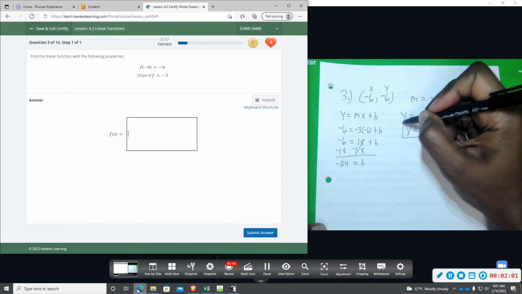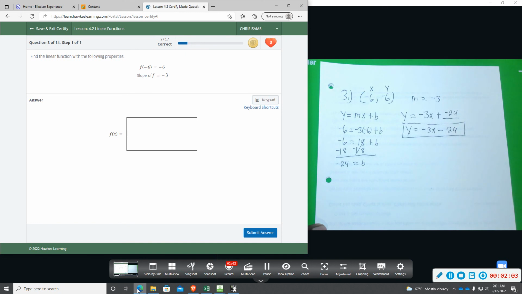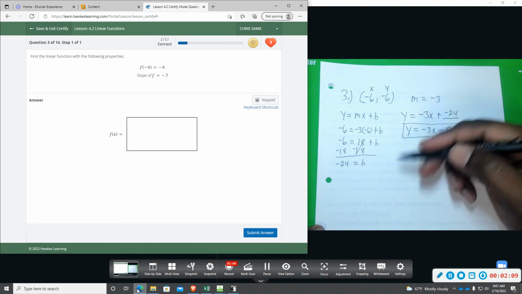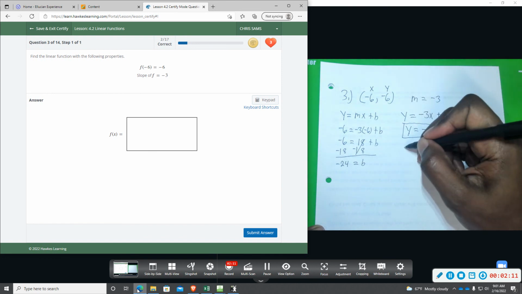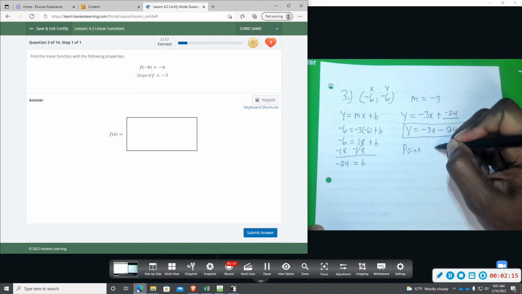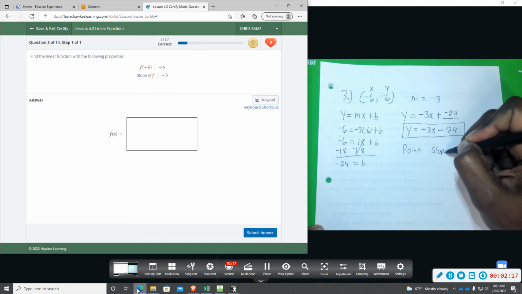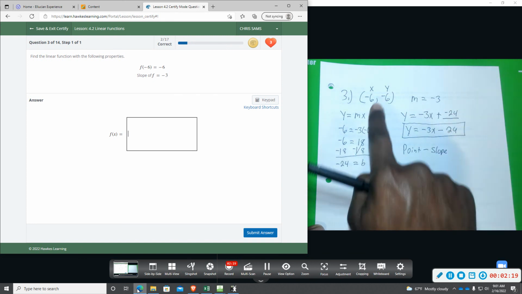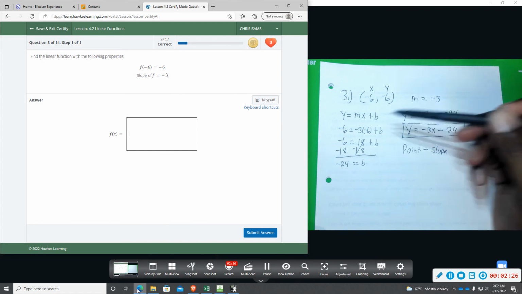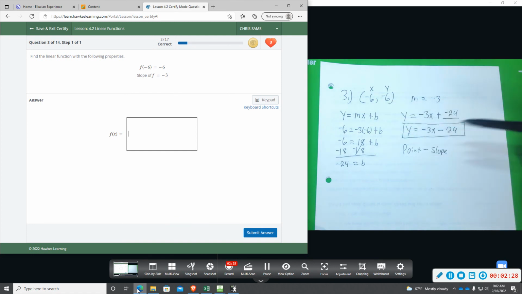Now there's another way to do this, probably the way that everyone else will recommend, and I like doing it this way so I only have to deal with one equation. But there is a point slope equation. You would use this one when you're given a point and a slope, and you can use this with any of the others, but whenever that point they give you is a y-intercept, it just simplifies a lot easier.